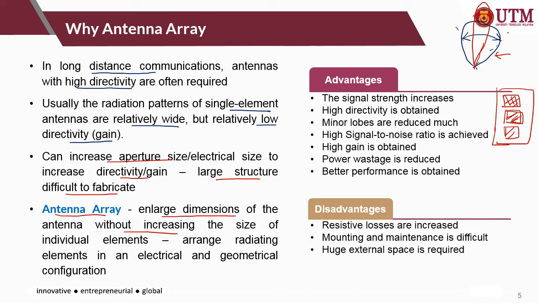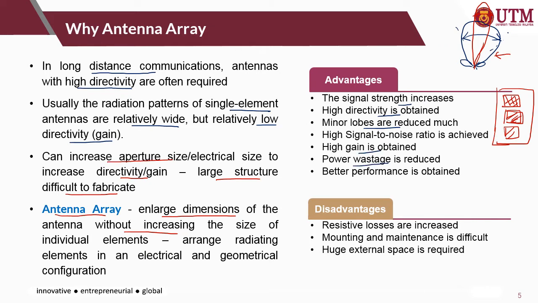And the advantages and disadvantages of the array antennas are as shown. So we can increase the signal strength, higher directivity, minor lobes, side lobes and back lobes, and then high signal to noise ratio, high gain as well.